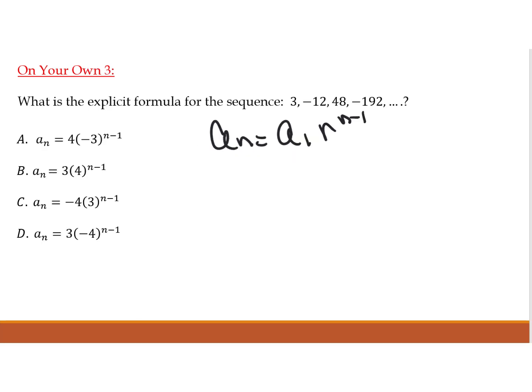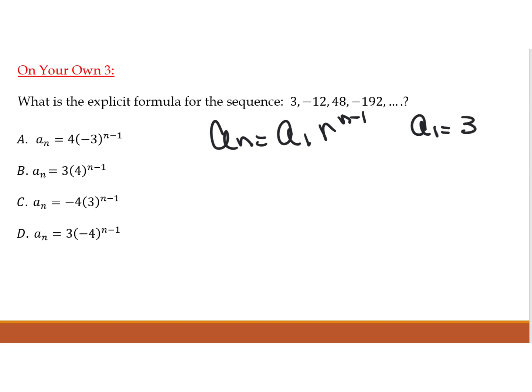All right, we are asked in this problem to find the explicit formula, and I've written the explicit formula for a geometric sequence: a sub n is equal to a sub 1 times r to the n minus 1 power. We have to know what a sub 1 is. A sub 1 is the first term in the sequence, which is 3.